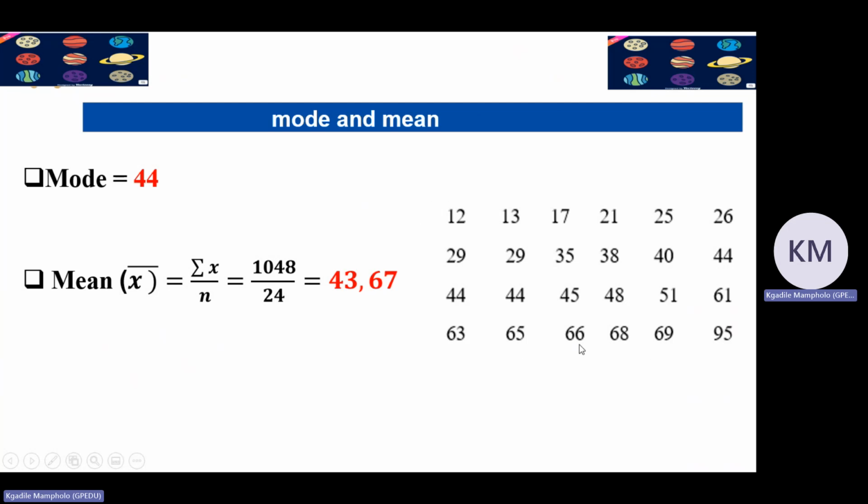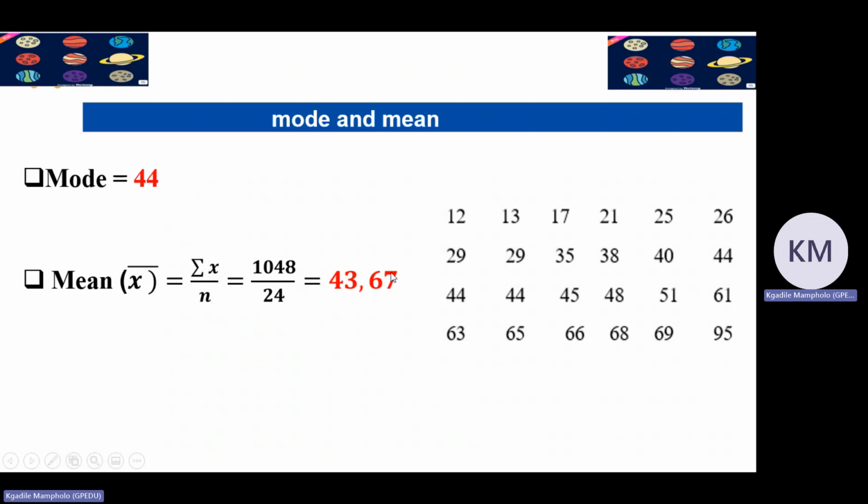The mean is the average. In this case, you just add all the scores. If these are the test marks in a class, then 24 learners wrote a test. So you add all the marks, and the answer in this case was 1048, and then divide by 24, because 24 marks means 24 learners wrote the test.